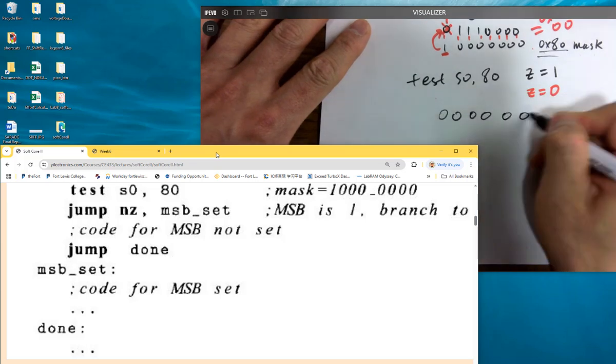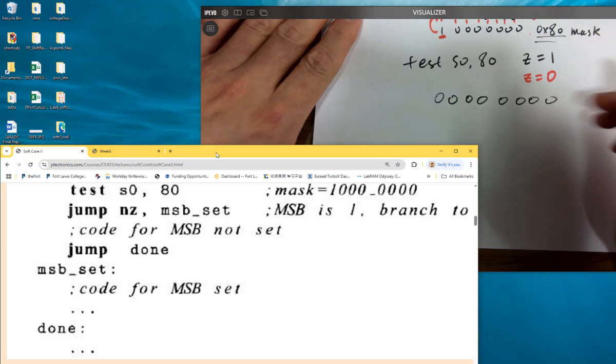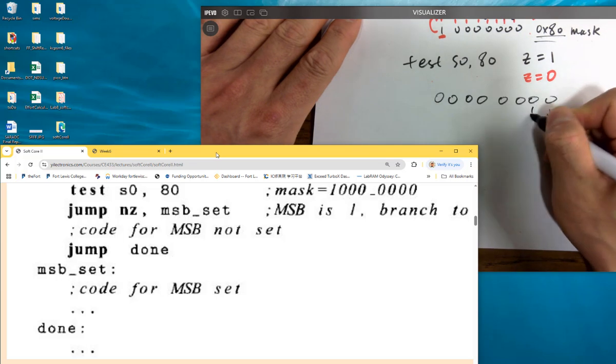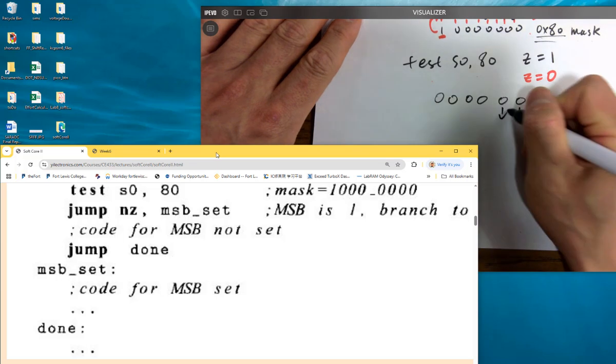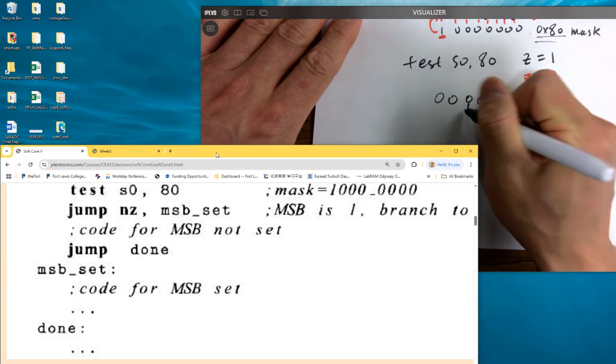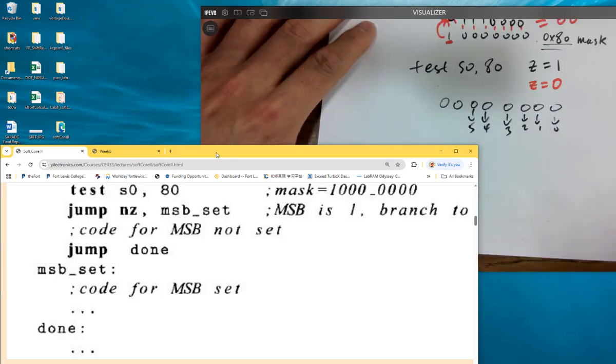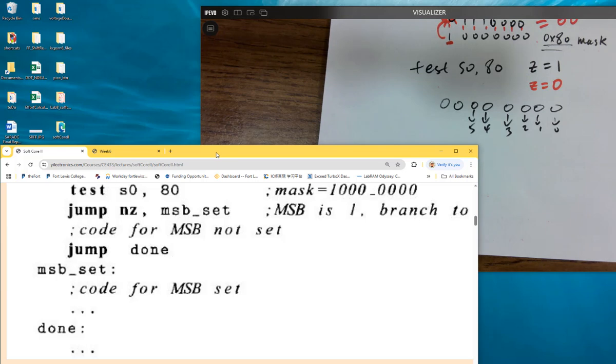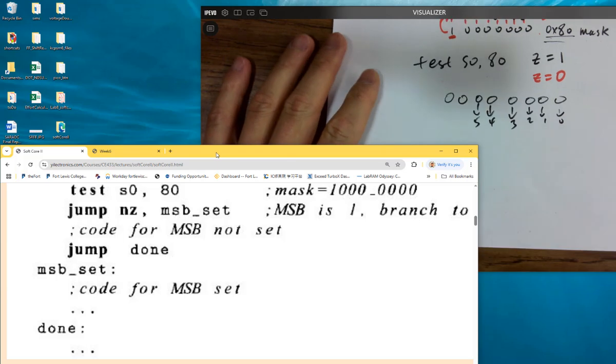Yeah. So these are the byte, right? This is bit 0, bit 1, bit 2, bit 3, bit 4, bit 5. I'm trying to test or extract bit 5 of S0 and load it to S2. What should you do? Let's still use test.